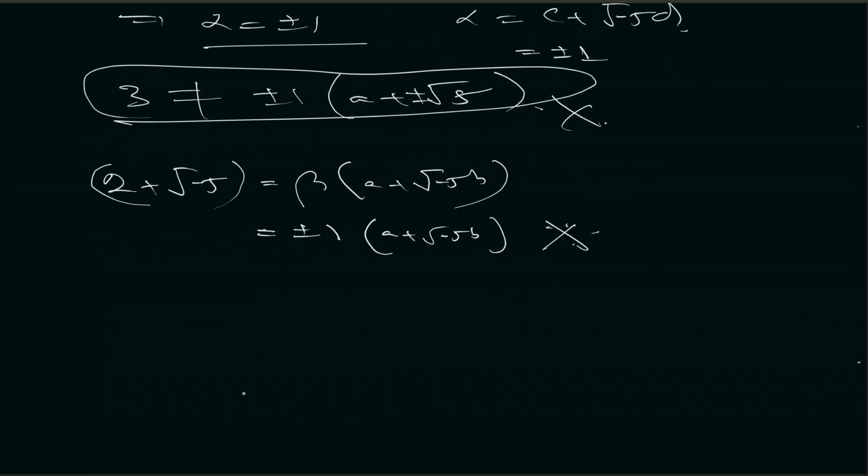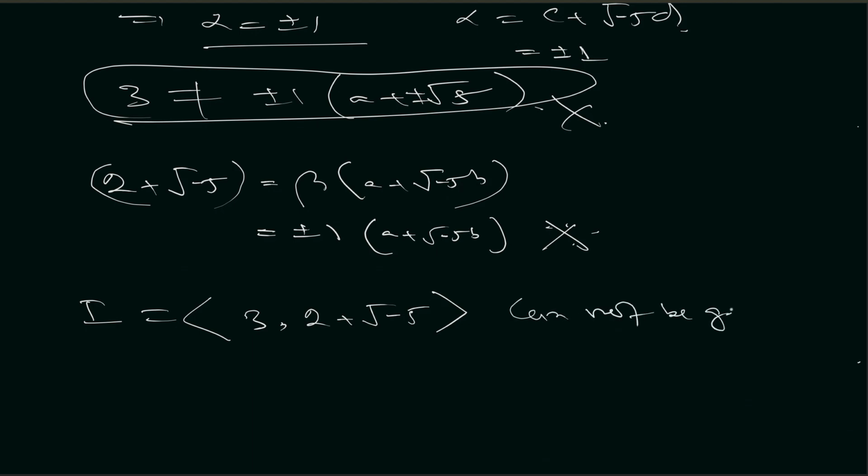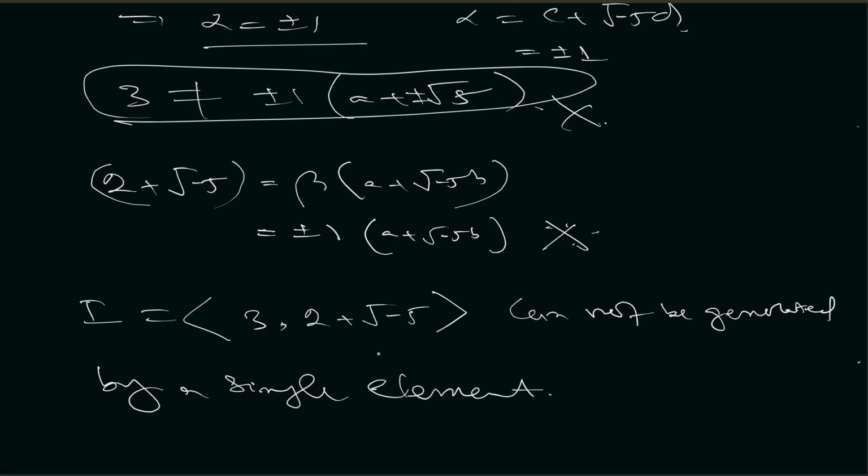So this ideal I have taken, 2 comma 3 comma 2 plus square root of minus 5, cannot be generated by a single element. So this I is not principal.